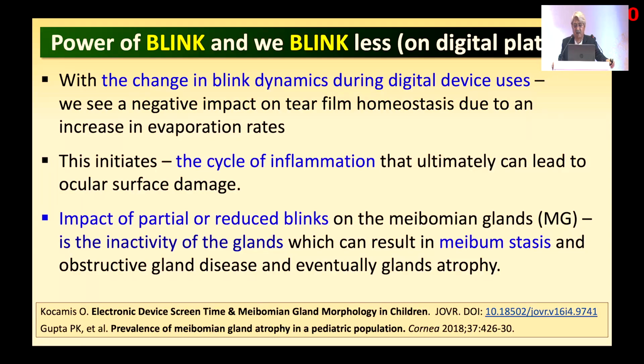When we blink less and it is not a complete blink, that means the upper lid is not touching the lower lid. And these are vertical glands. Unless it touches the lower lid, there will not be expression of the meibomian gland secretion. So there will be stasis of meibomian gland secretion within the tubular racemose gland.